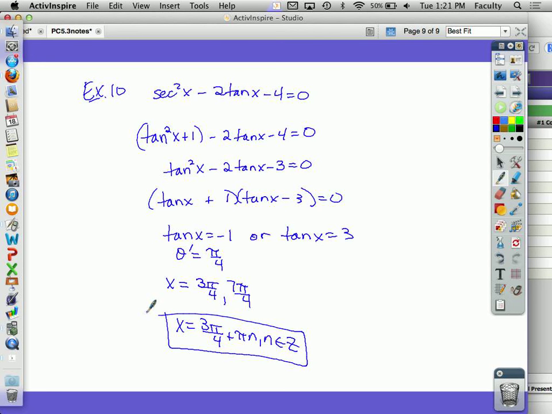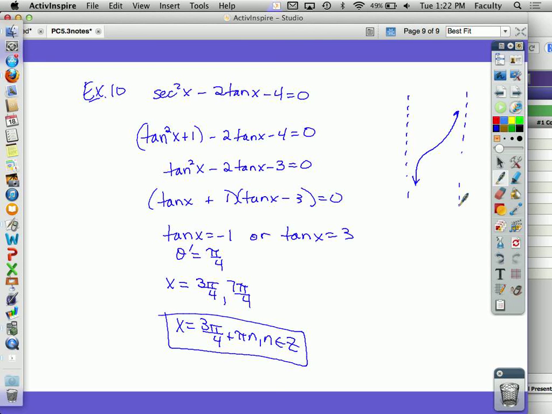Now, tangent x equals 3. Now I want to pause here and refresh your memory. Remember, the tangent curve is repeated cycles of this curve. And so 3 is not on the unit circle, right? I mean, I can do 1, negative 1, I can do a radical 3, and I can do radical 3 over 3. But I don't get a 3 out for tangent.